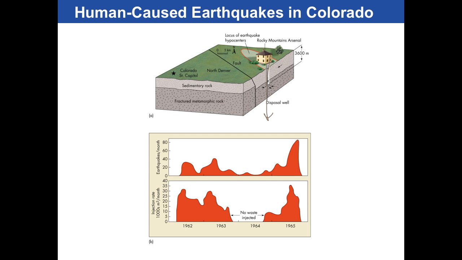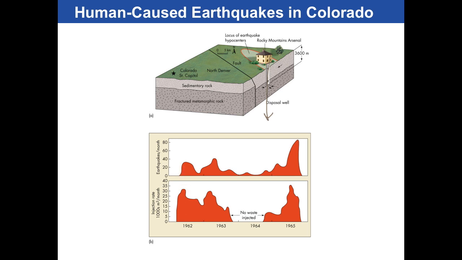So this has been done in Colorado and a couple of other different places, but this right here is kind of an interesting correlation. So this top graph right here is the number of earthquakes between 1962 and 1965. All right, and down below here is how much that is, I think in cubic meters per month we've pumped down into the ground.